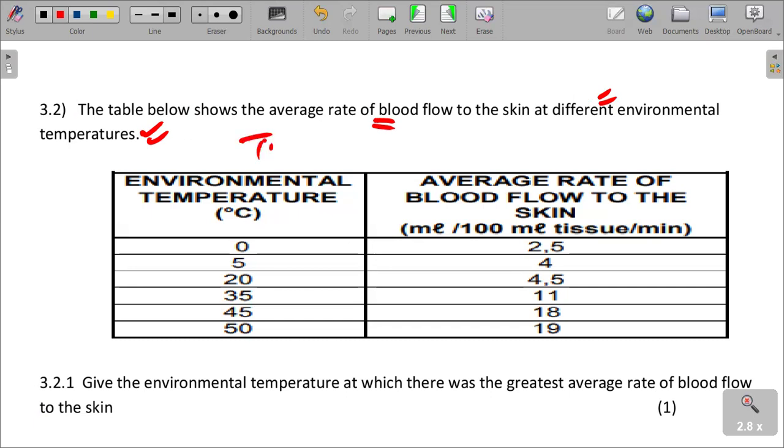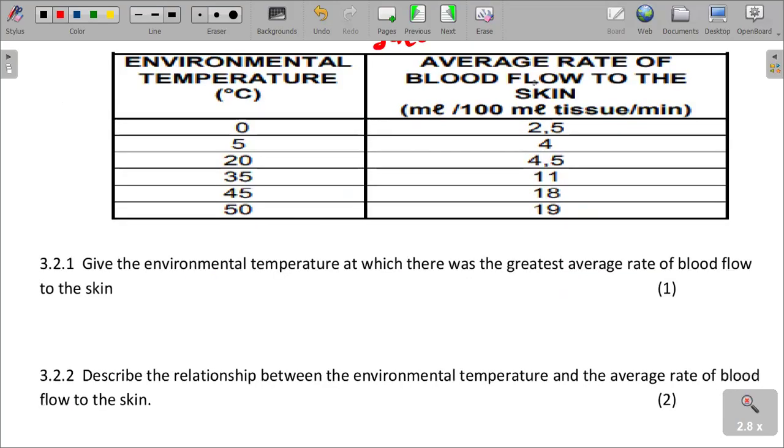You are also going to think about thermoregulation, the regulation of temperature, and I'm sure that you understand the physiological changes that have to take place in order to control temperature. So we have got environmental temperatures that are given here, and we also have the average rate of blood flow to the skin, which is in milliliters per 100 milliliters tissue, and it is given also on the other column here.